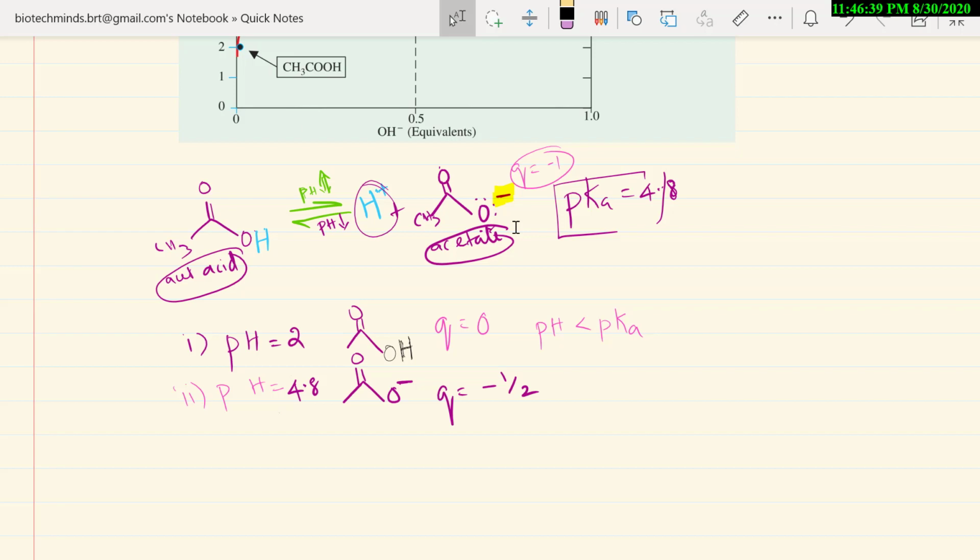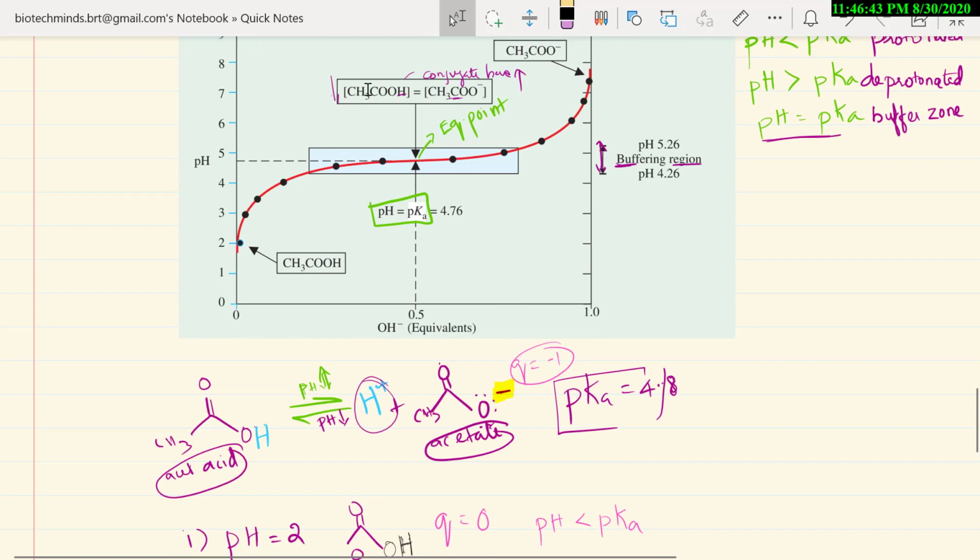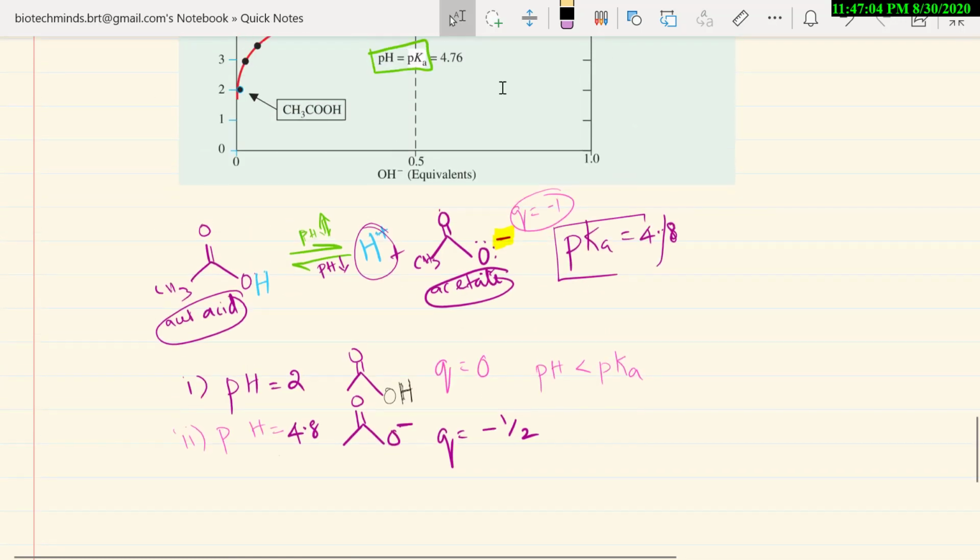At pKa, acetic acid and acetate are equal. Now this is negative charge, nobody can avoid this, but this is positive charge, right? Half of the elements are present with negative charge and half with positive charge. That's what I have written. So it is minus 1 by 2.